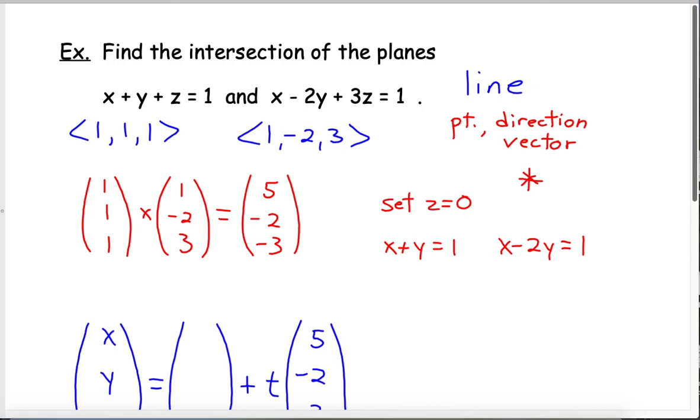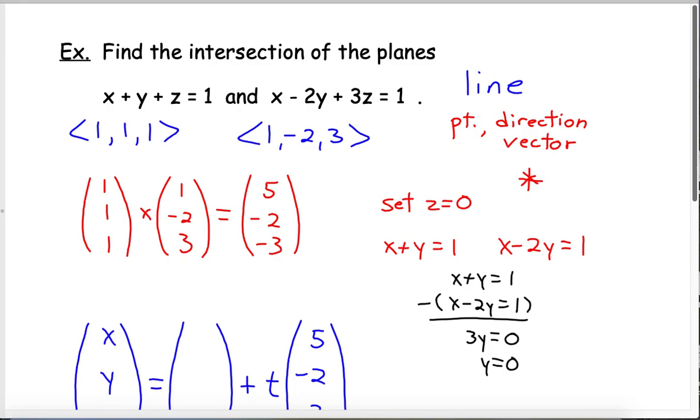Okay, so let's solve this system. So I have x plus y equals 1 and x minus 2y equals 1. And let's use the elimination method. I'll subtract. So the x's will cancel out, and I'll get 3y equals 0. So it turns out I get y equals 0. Not always going to happen, but that's fine.